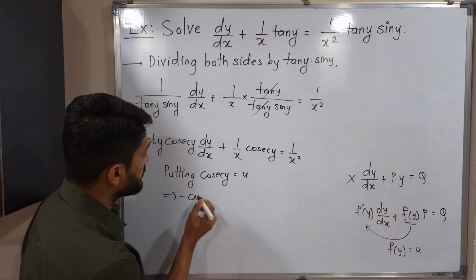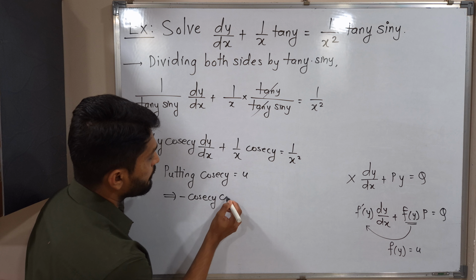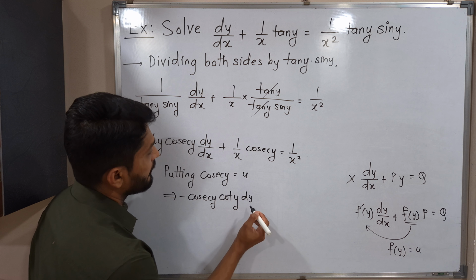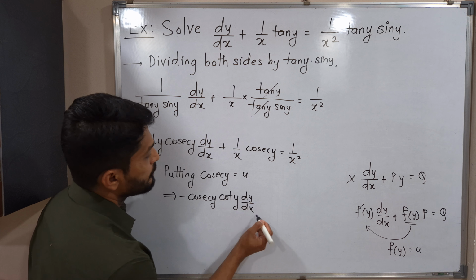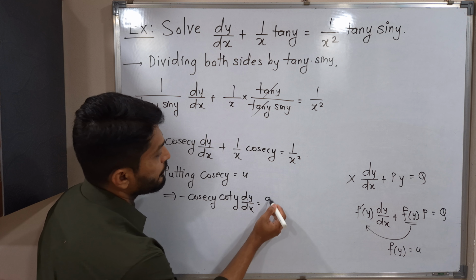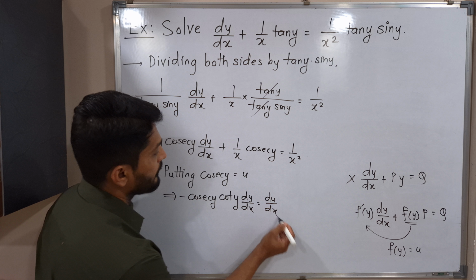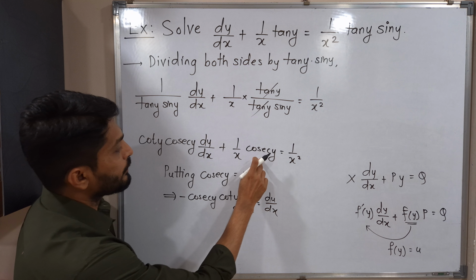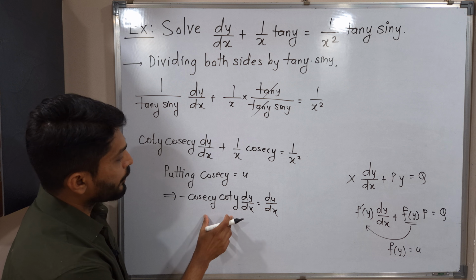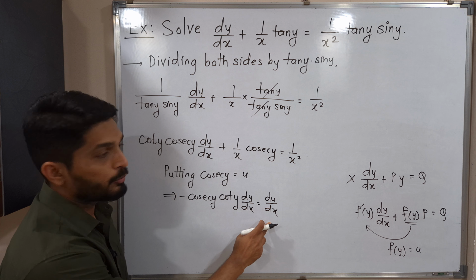It is minus cosec y cot y and dy by dx. This is a chain rule, getting the derivative of y with respect to x, and the derivative of u with respect to x, du by dx. So cosec y will be replaced by u, and minus cosec y cot y dy by dx will be replaced by du by dx.